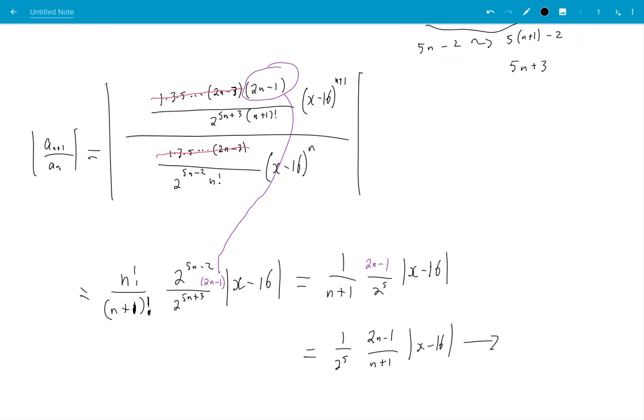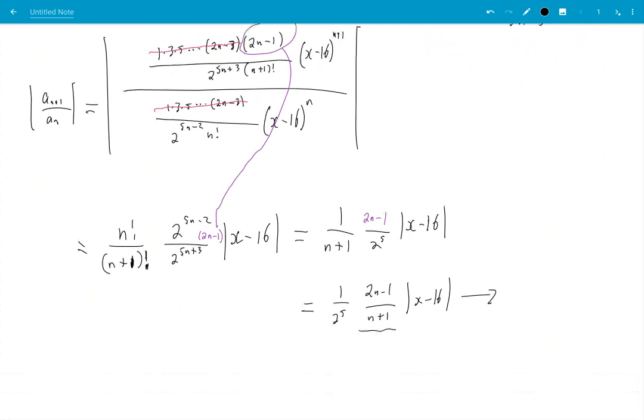Take the limit. Okay, this bit here is going to 2. So I got 1 over 2 to the 5 times 2 |x minus 16|. So I get |x minus 16| over 2 to the 4. And you want this to be less than 1 for convergence.